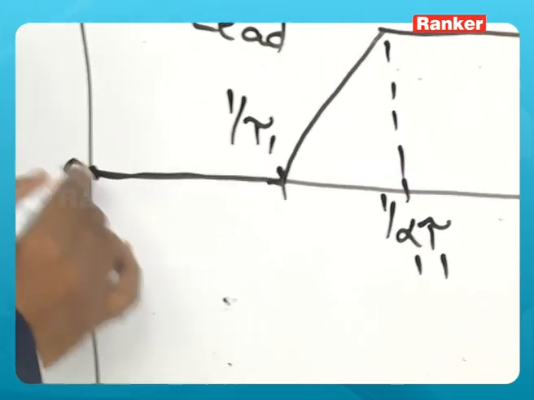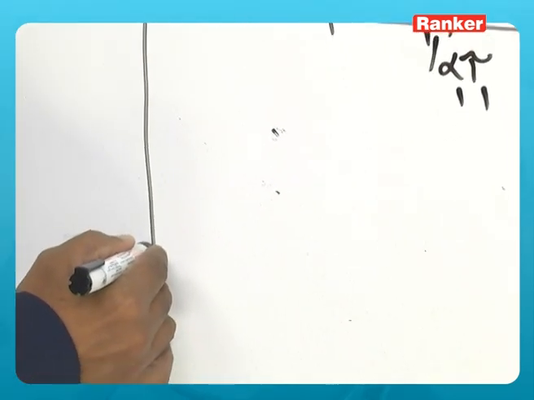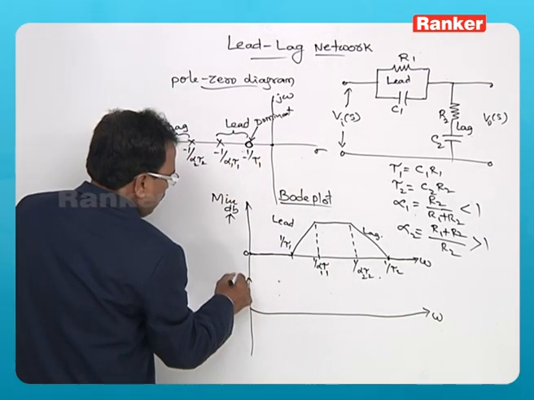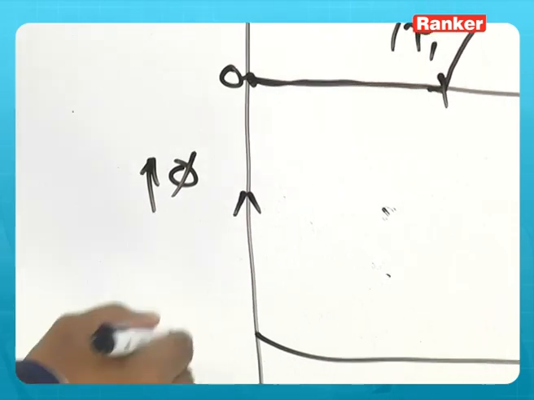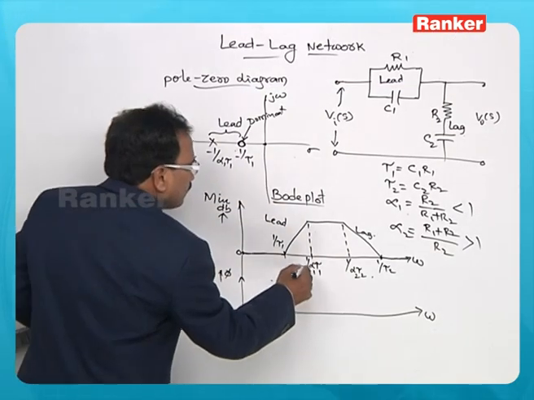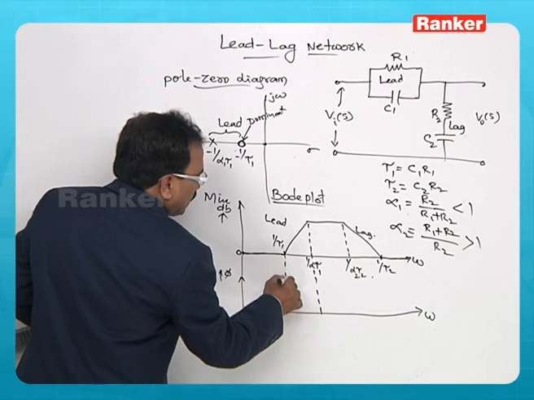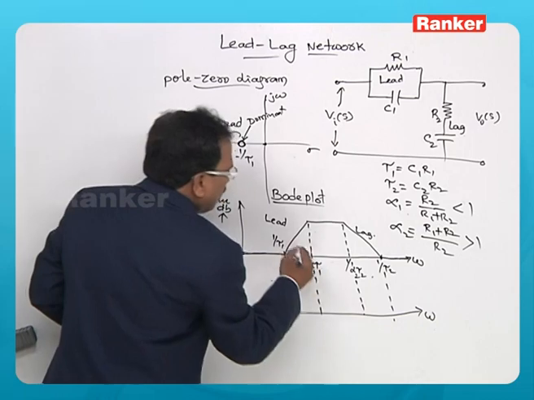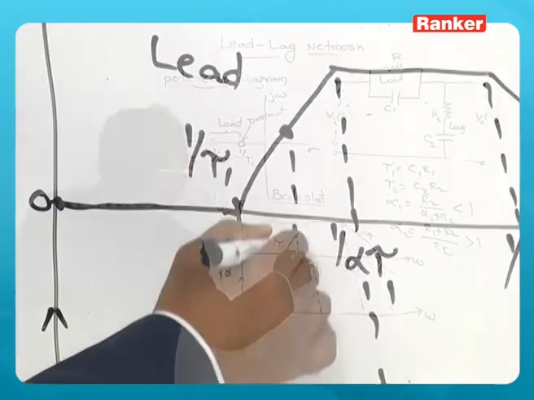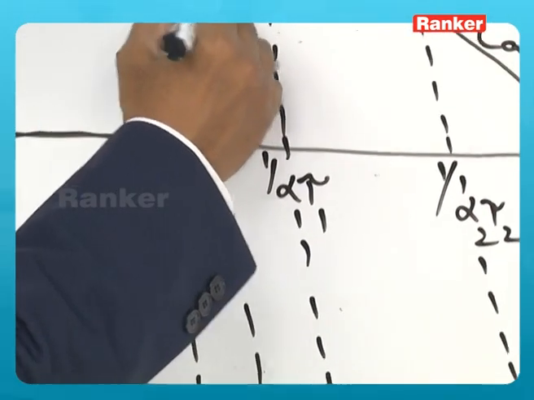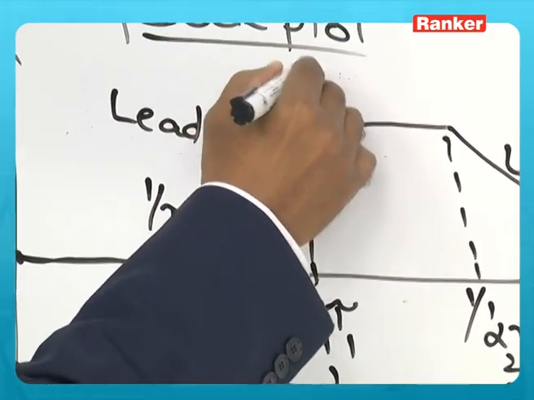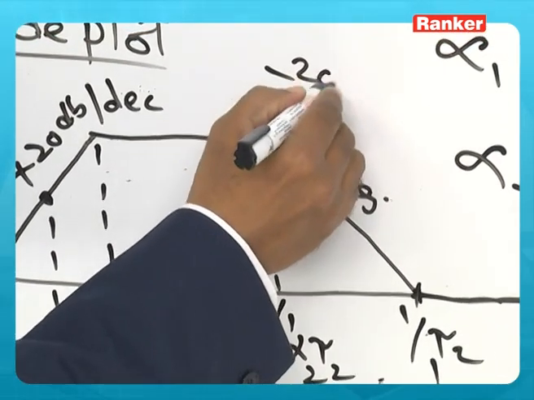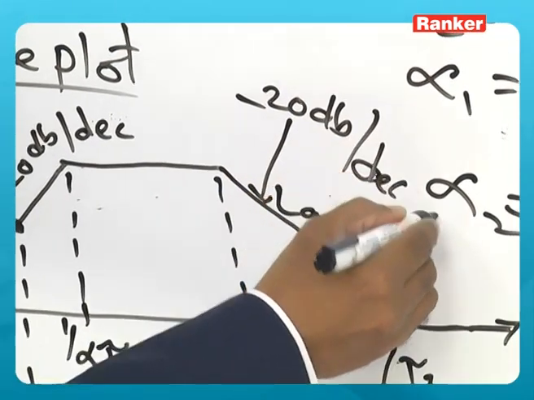And if you see the phase plot, phase angle in degrees versus omega, project all these corner frequencies, and the midpoint of this slope, it has a slope of plus 20 dB per decade, and this part has a slope of minus 20 dB per decade.